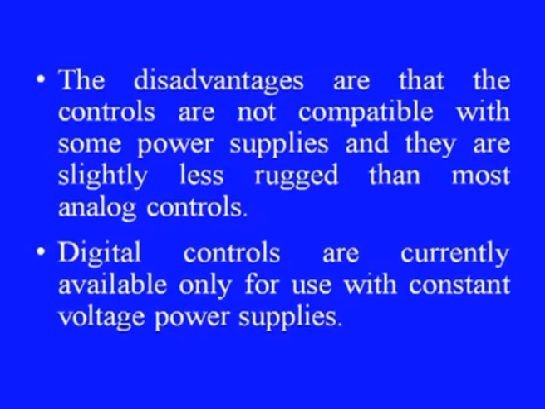Digital controls are currently available only for use with constant voltage power supplies. These controls provide wire feed speed adjustments, that is current control, then power supply adjustments, that is voltage control, and weld start stop, automatic and manual travel on offs.